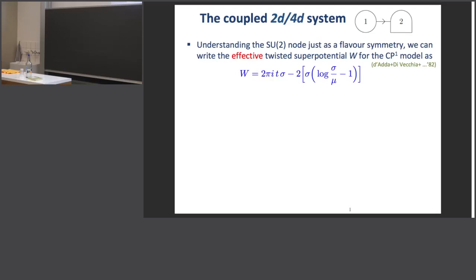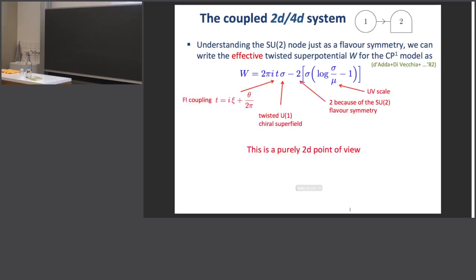And this is the result in which you have a term which is a classical part, linear in sigma, that's the twisted chiral field, U1. T is a complexified Fayet-Iliopoulos parameter. And this is the result of integrating out the high energy degrees of freedom.